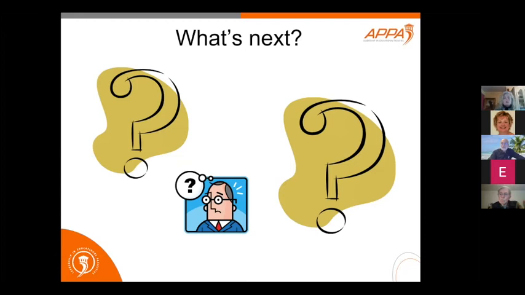Ed, we haven't received any new questions in the chat box, but maybe people will unmute themselves. You can, or Billy, you can do that as well if you don't want to utilize the chat box.